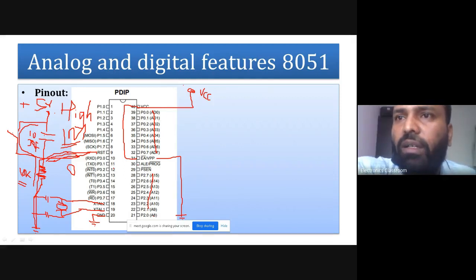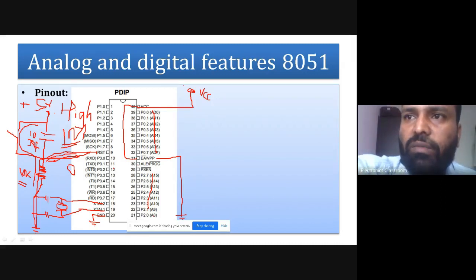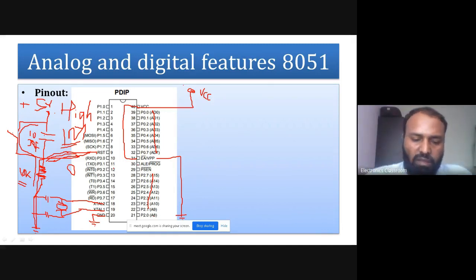If this point is clear to all of you, then we can have some discussion. If you have any queries regarding today's point or any previous point, please ask.